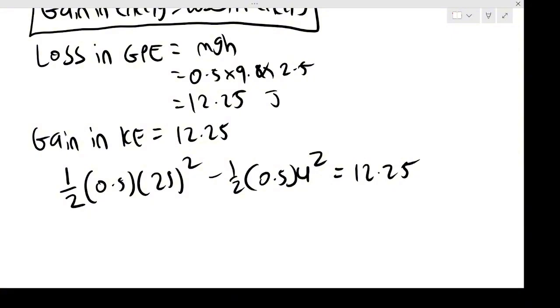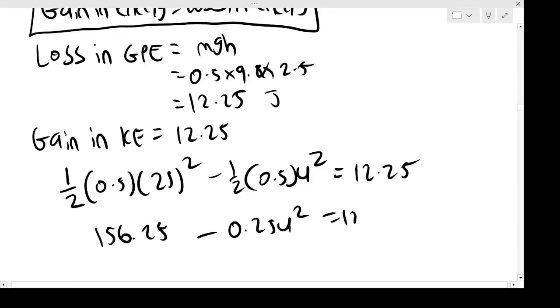Okay, so that's my change or my gain in kinetic energy here. So we just work all this out, then that's going to be half of 0.5 times 25 all squared. Going to be 156.25. Take away then a half times 0.5 is 0.25 u squared equals 12.25.